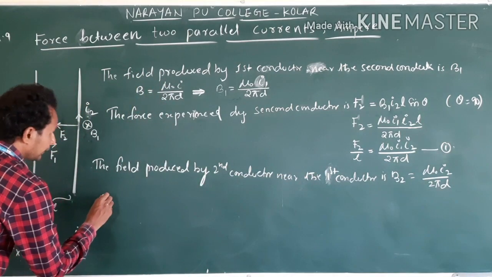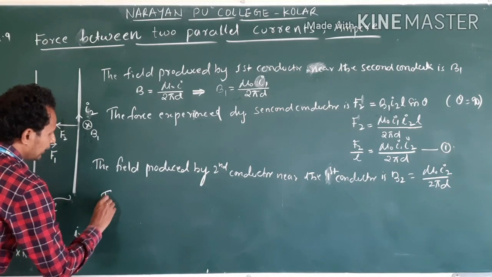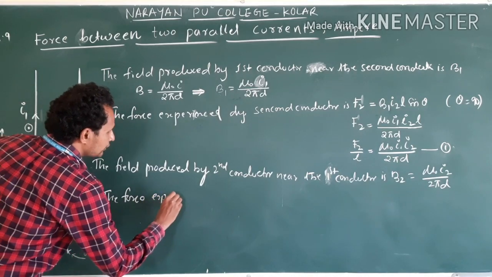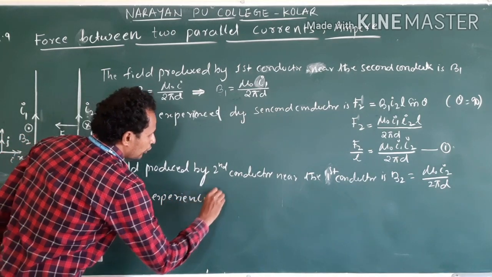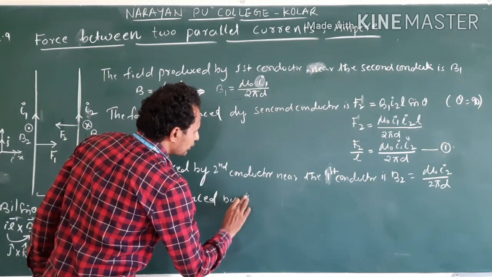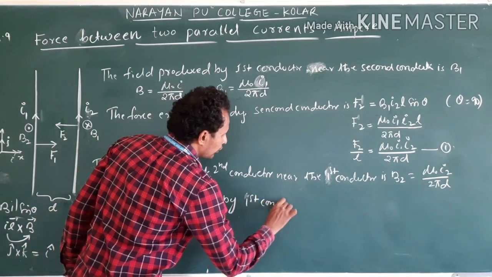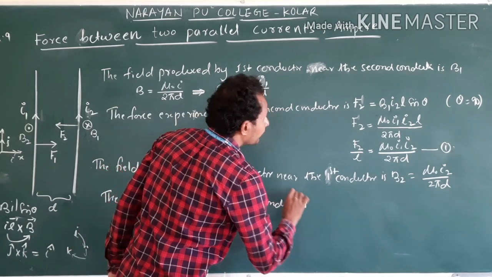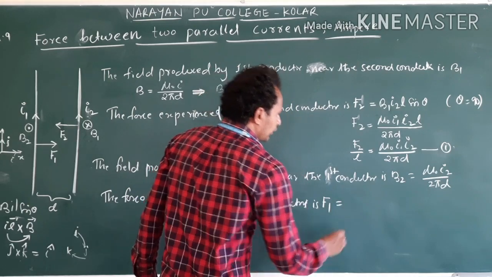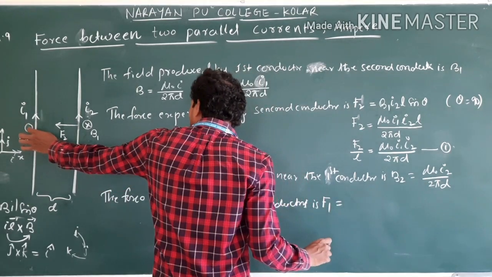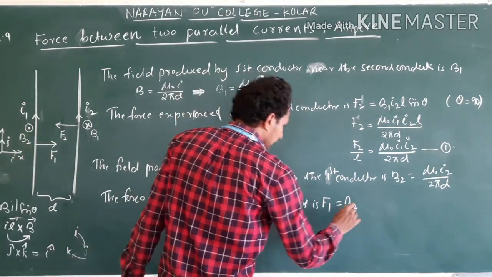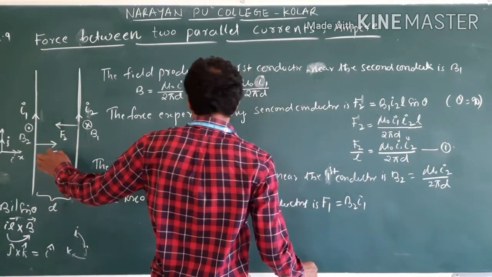Then second statement. What is that? The force experienced by first conductor is, how do we write? F1. F1, which field is acting for first conductor? B2. Which current is flowing through the first conductor? I1.